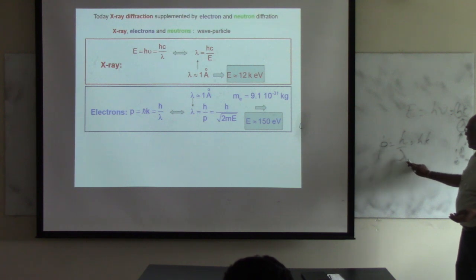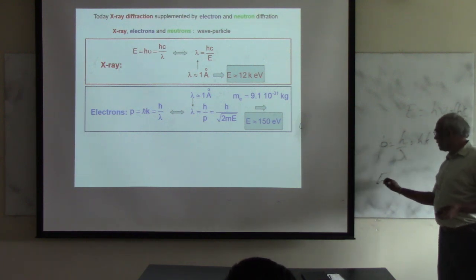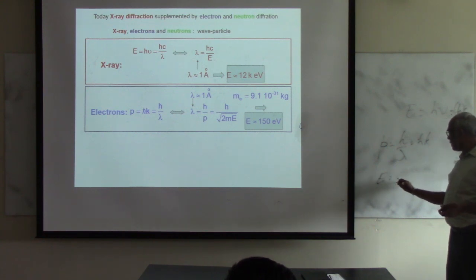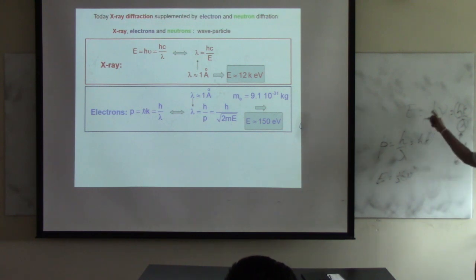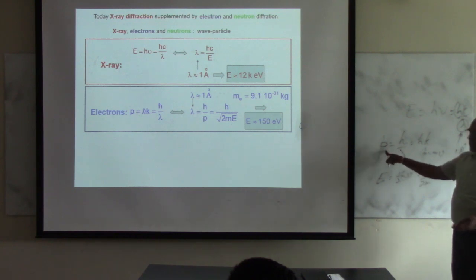Since it is a massive particle, you can write the kinetic energy as half m v squared, because you have mass, right? But X-rays don't have mass. So you can also write this as p squared over 2m, because momentum is m times v.